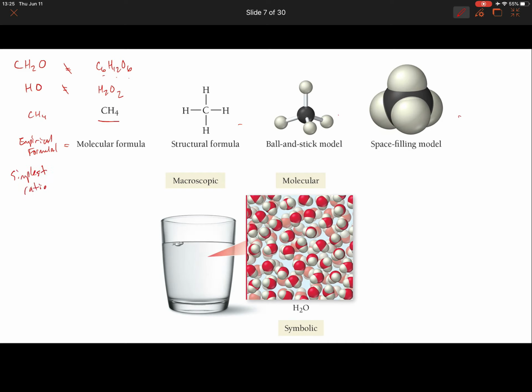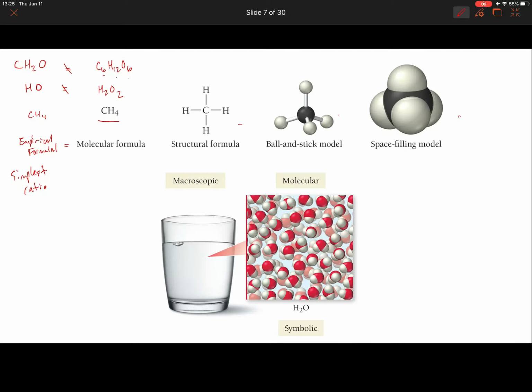So empirical formula is the simplest ratio. Now, then there's the molecular formula. This gives the actual number of atoms. And then there's the structural formula. This shows with lines to show chemical bonds how the atoms are connected. Then there's the ball and stick models that represent the atoms as balls and chemical bonds as sticks.